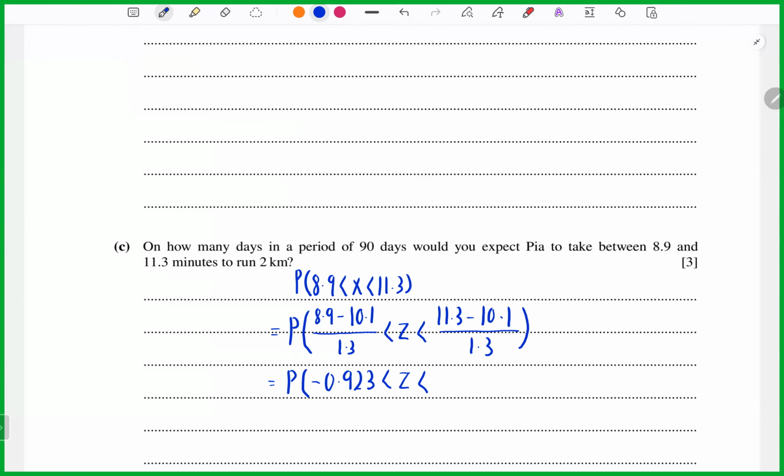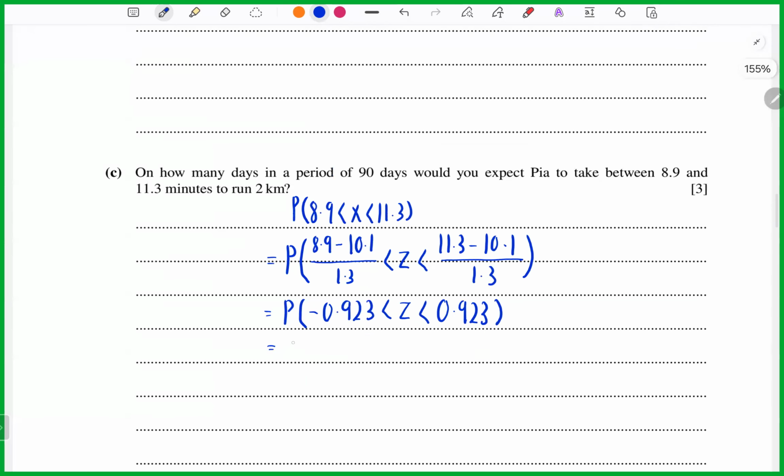Here is Z. For 11.3, it is also the same, 0.923. So you can directly use the formula 2 times Φ(0.923) minus 1.